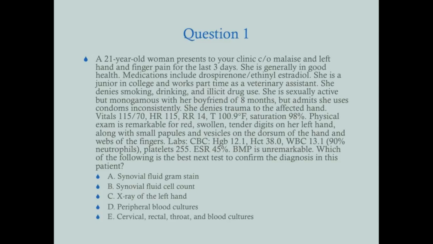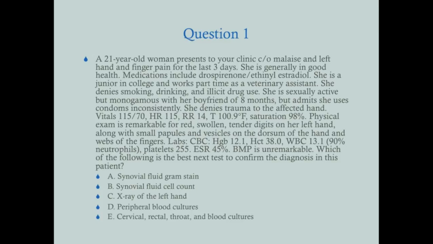Labs give us a hemoglobin of 12.1, hematocrit 38, white blood cell count of 13.1 with 90% neutrophils, platelets 255, SED rate of 45%, and her BMP is unremarkable. Which of the following is the best next test to confirm the diagnosis in this patient? Is it A, synovial fluid gram stain, B, synovial fluid cell count, C, x-ray of the left hand, D, peripheral blood cultures, or E, cervical, rectal, throat, and blood cultures?